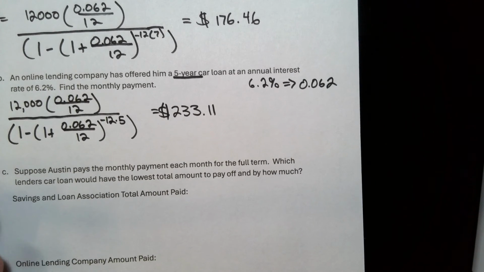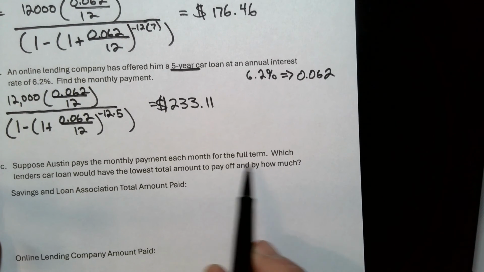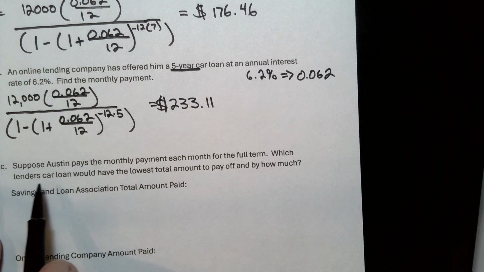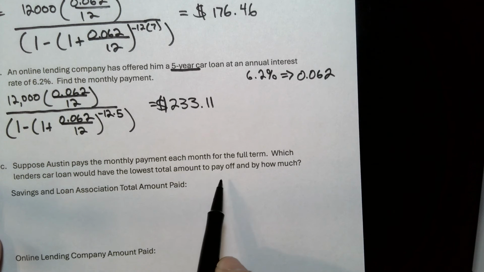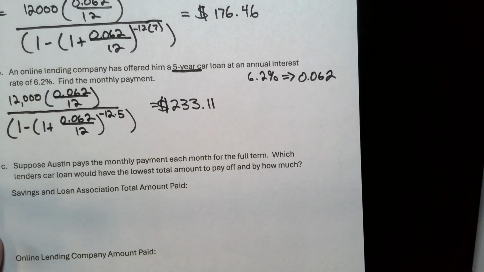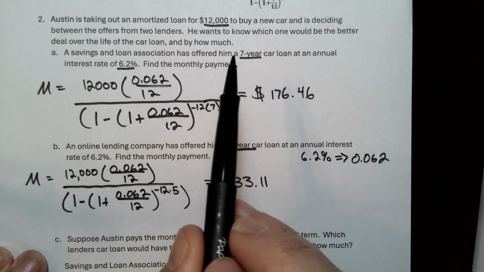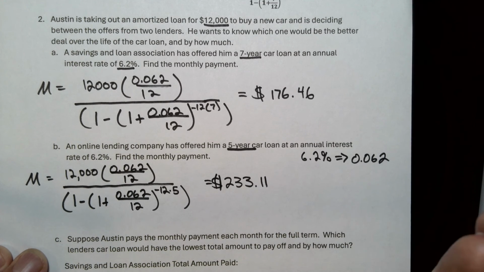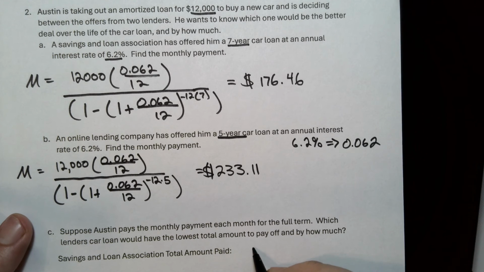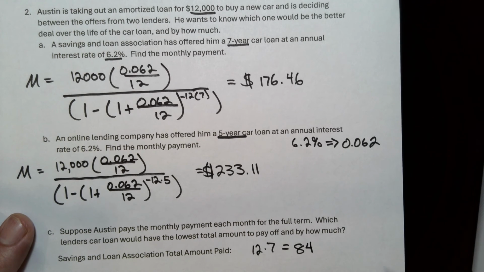All right, for the last question, suppose Austin pays a monthly payment each month for full term. Which of the two car lenders would have the lowest total amount to pay off and by how much? Okay, so first on the savings and loan, which is this first one up here, it was 7 years, and we know that each year has 12 months in it. So 12 times 7, as we did earlier, is 84.